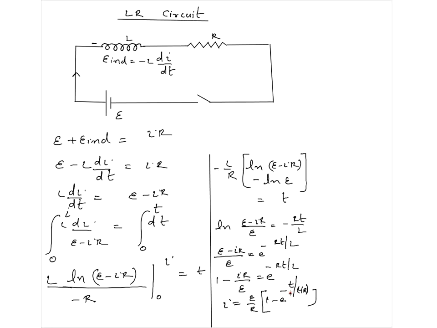Now that's not a surprise. You have battery, you have resistance, current has to increase if it was zero earlier. But it's not increasing rapidly. If you put t equal to 0, it's e to the power 0, which is 1, and 1 minus 1 is 0.